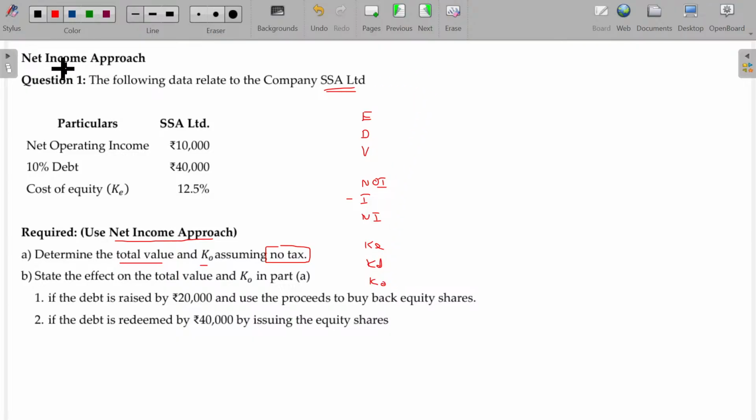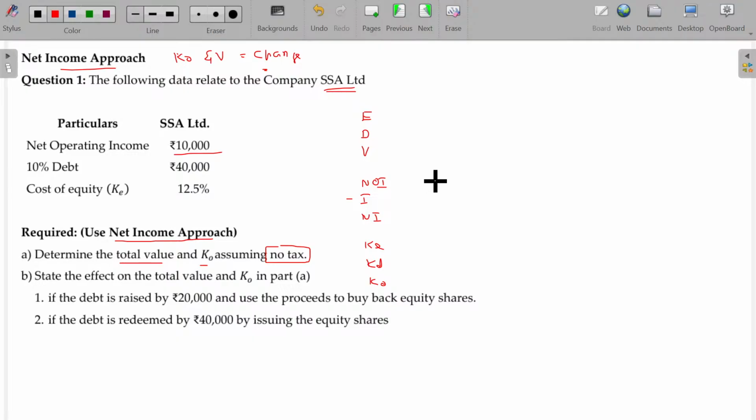What approach do we need to follow? Net income approach. Under the net income approach, KO changes automatically, value also changes. That's the structure. Now feed the details available here in the 9-line format.